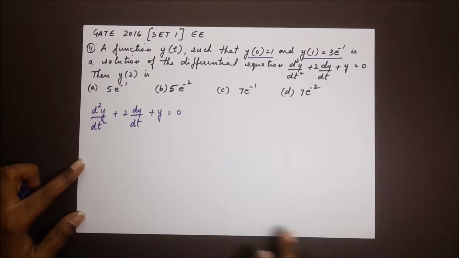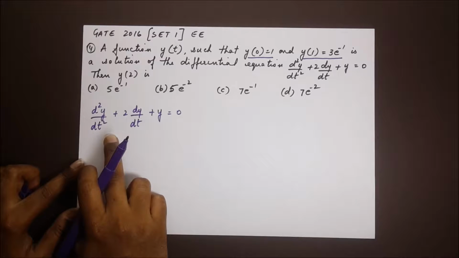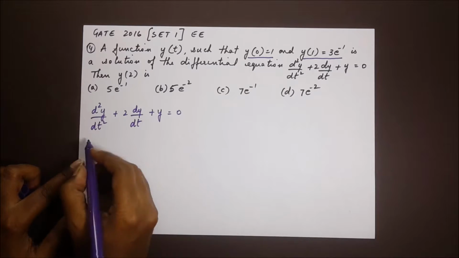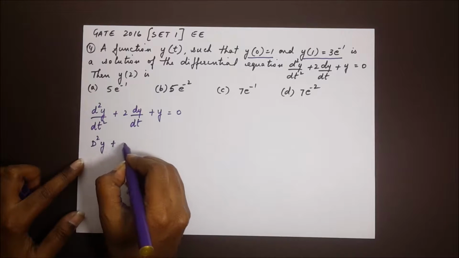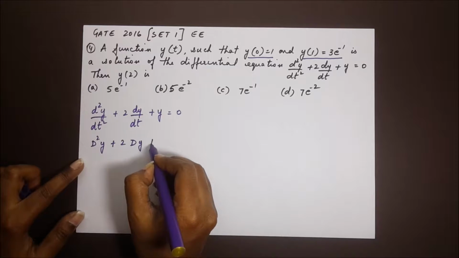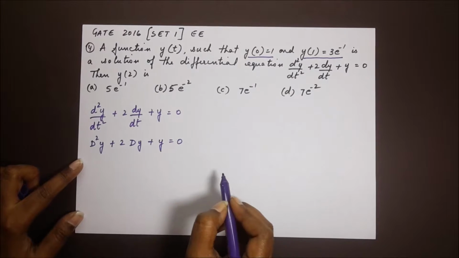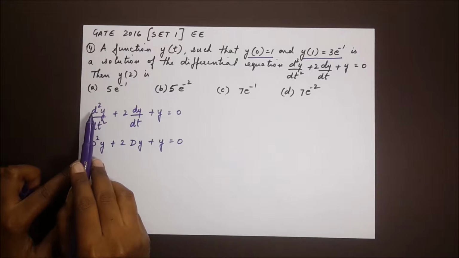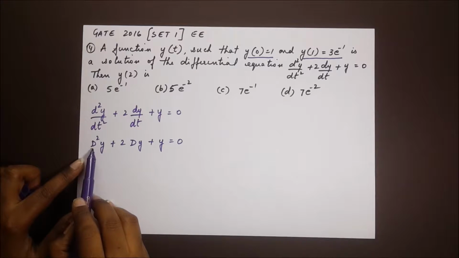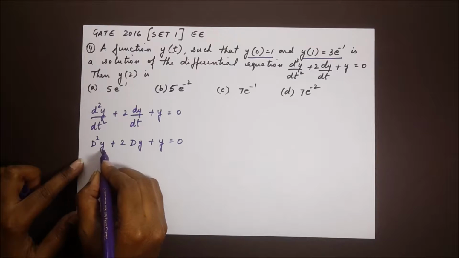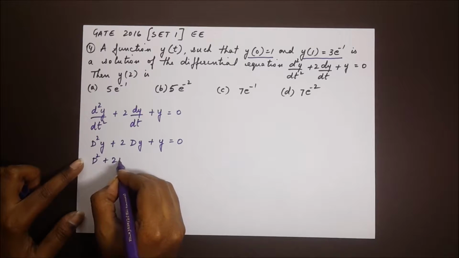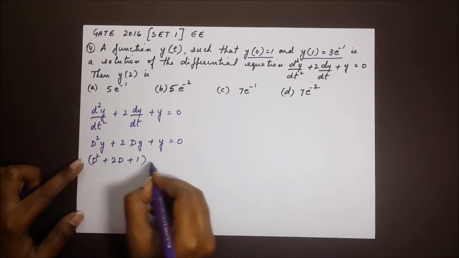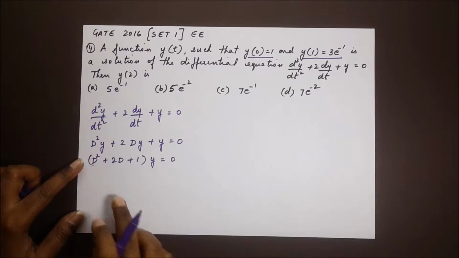The next thing we do is write this in the operator form, which would be D square y plus 2 Dy plus y is equal to 0, where I've written d by dt as capital D. Now let's take y common: D square plus 2D plus 1, times y, is equal to 0.